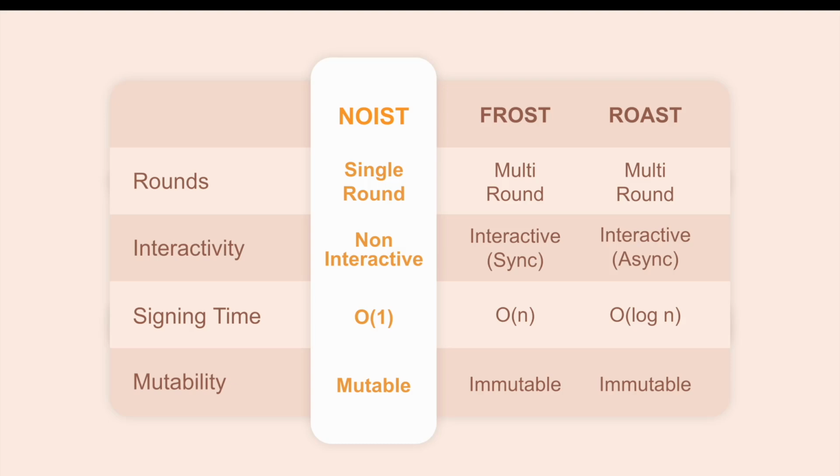Of course, you could do that as well in Frost and Roast in the optimistic case, assuming no disruptive signers. Well, you got O(1) too.